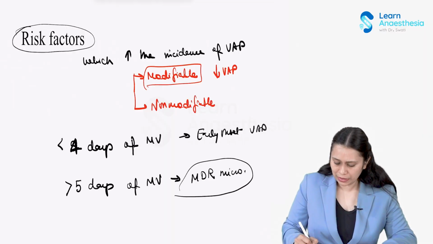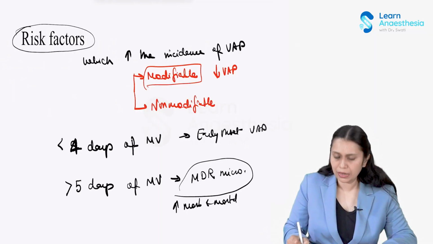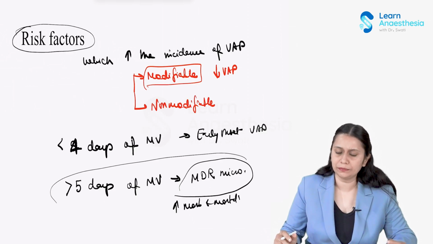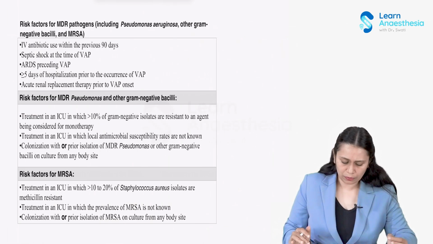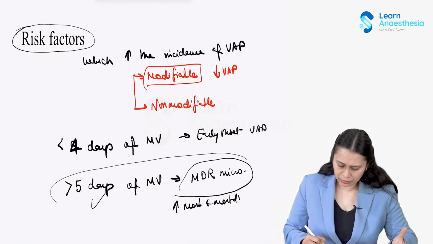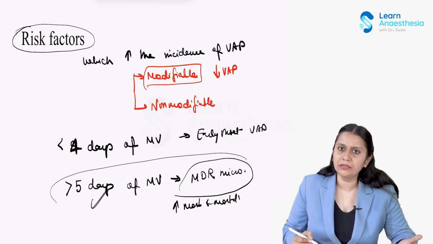So late VAP has increased morbidity and mortality. Now let us talk about the risk factors of MDR VAP. More than 5 days, there is an increased risk of multi-drug resistant microorganism causing the pneumonia.